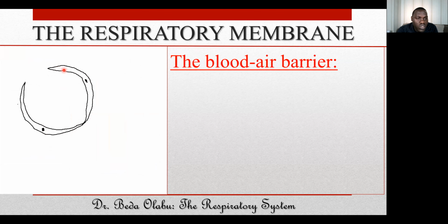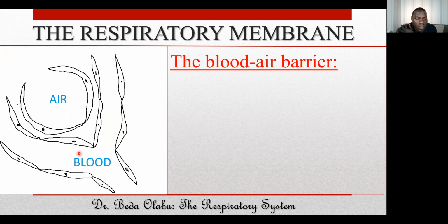Let's consider this to be the pneumocyte type 1, which means this is the alveolus, which contains air inside it. Then these are capillaries containing blood, which means that these are endothelial cells.